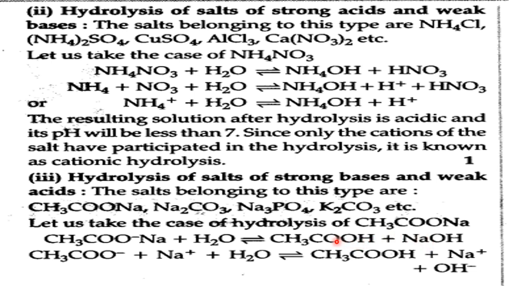Here it is a weak acid, so it will not dissociate completely, whereas the strong base dissociates completely. That is, OH minus dominates in the reaction mixture. Because OH minus dominates, it will show basic character, and pH is more than 7. So all depends upon what type of salts are there and how they dissociate. Okay, right.